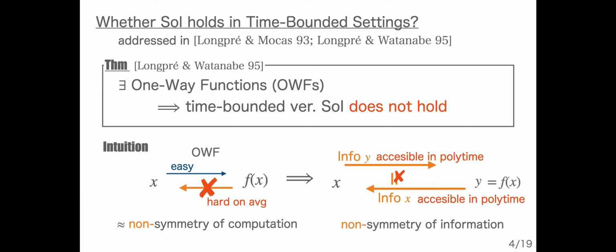Intuitively speaking, since we can compute f(x) from x in polynomial time, this x must contain almost all the information about f(x) in the part accessible in polynomial time. By contrast, since computing x from f(x) is hard, this f(x) must not contain easily accessible information about x.